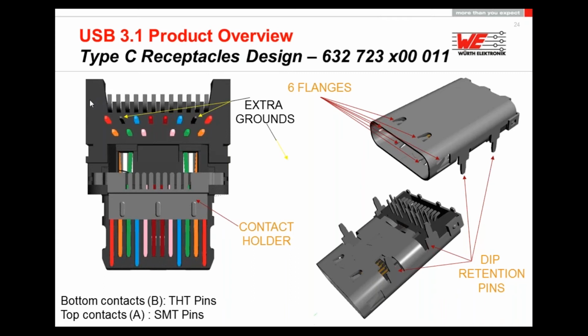And of course, to absorb the mechanical forces, here we have these DIP retention pins, which get soldered in a THR version to the PCB to be really able to absorb these forces when we plug in the mating part, also over the whole lifetime, the 10K mating cycles.